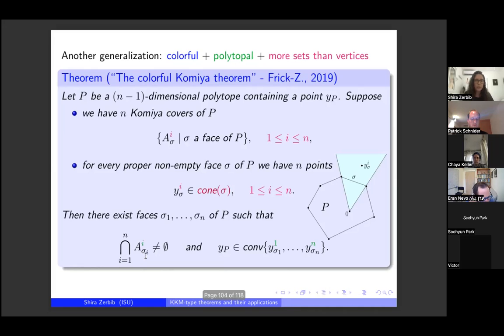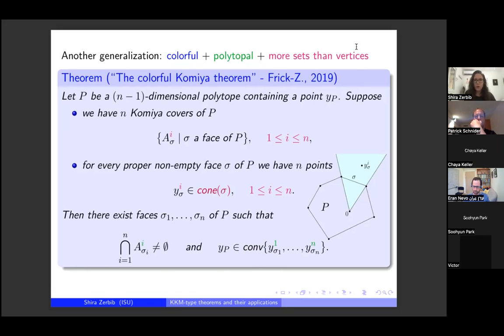So A sigma 1 from the first Komiya cover and A sigma 2 from the second Komiya cover and so on intersect, and simultaneously the point y_P that we've chosen in P is in the convex hull of the colorful selection of points y sigma i.